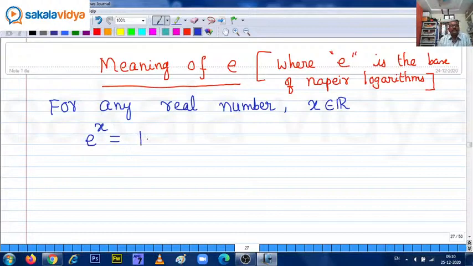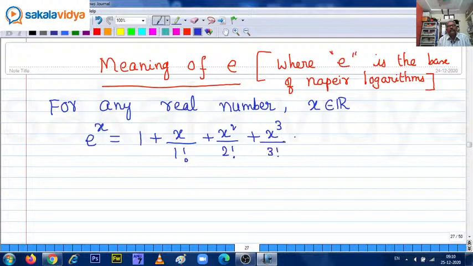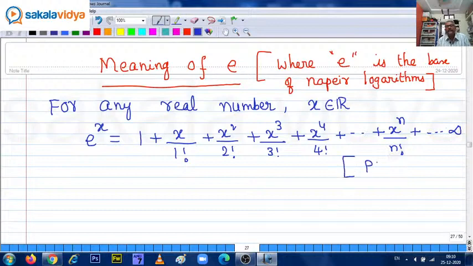So the power series we shall get is 1 plus x upon 1 factorial plus x square by 2 factorial, x cube by 3 factorial, plus x to the power of 4 by 4 factorial, and so on. You can write x to the power of n by n factorial plus so on to infinity. This is called a power series.